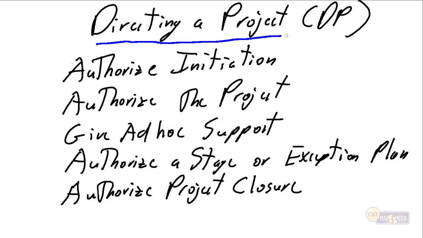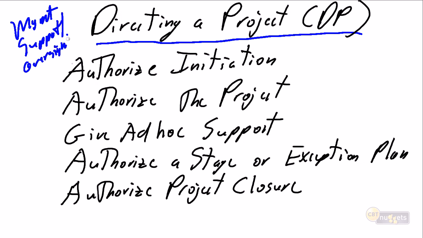This concludes our nugget on directing a project, DP. This is where we get management support, oversight, approval for our project.